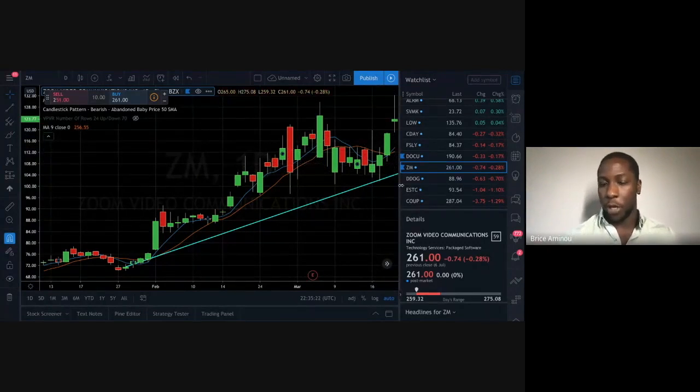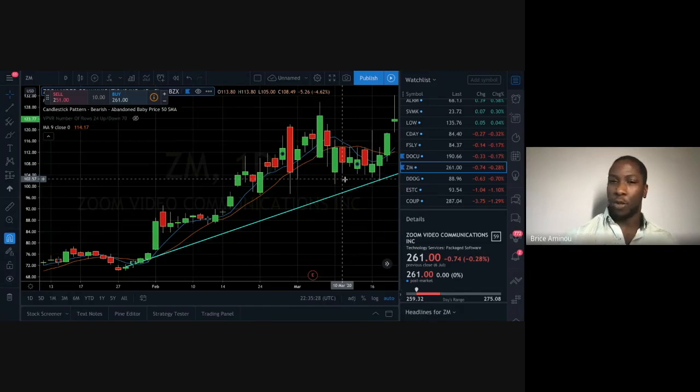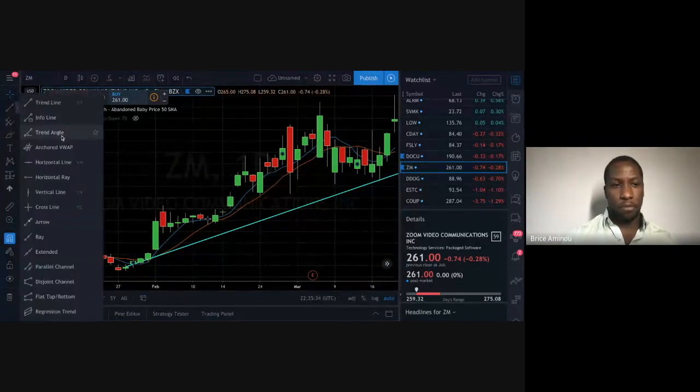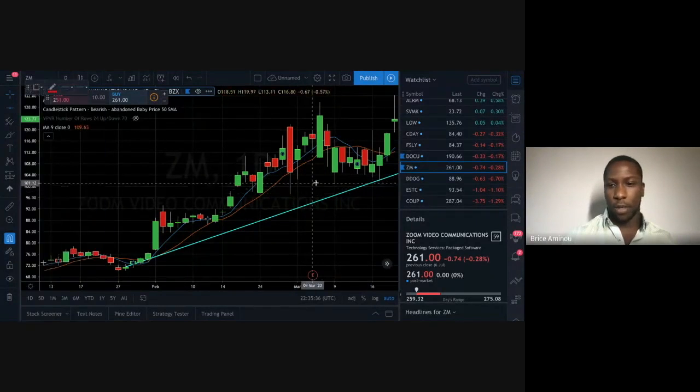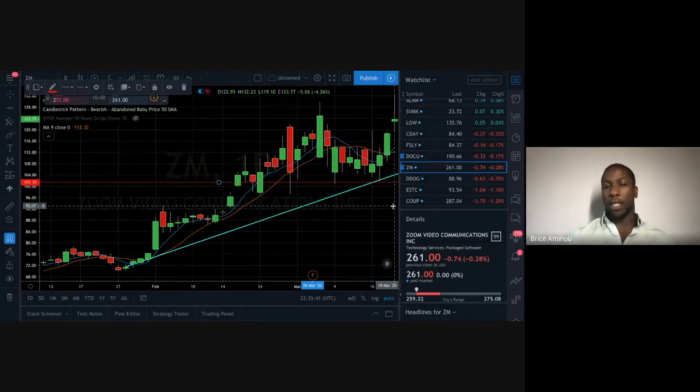We cannot predict that. So just to protect myself, I'm gonna put what we call a stop loss, to say that if the price goes under, let me show it, maybe under the red line here, then I'm gonna exit because it's not going according to my strategy.